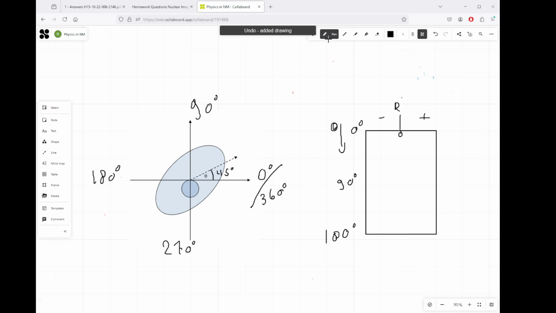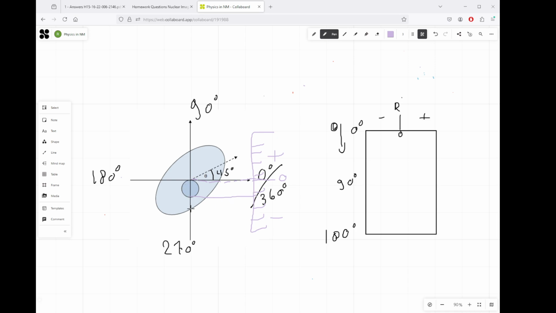Alright, so let's now start with making a projection at 0 degree angle. Let me grab this one, 0 degrees. Again, this side is plus, this side is negative. Here we have 0. So again, where do we get a signal? We get one at 0, and we get one at, what's the radius again of this thing?